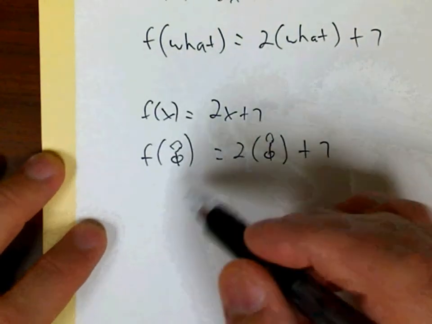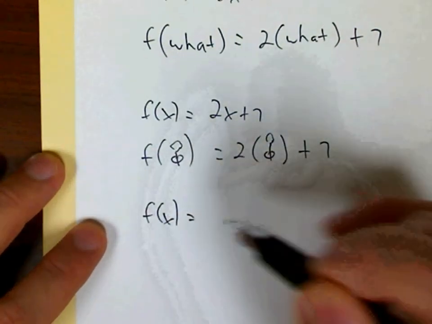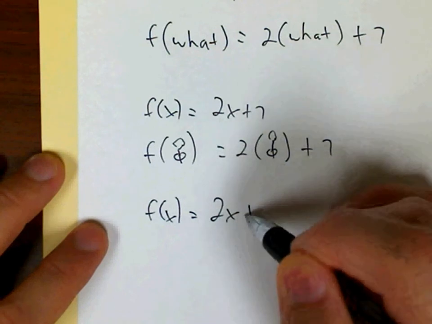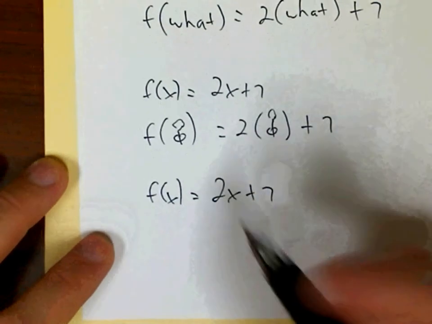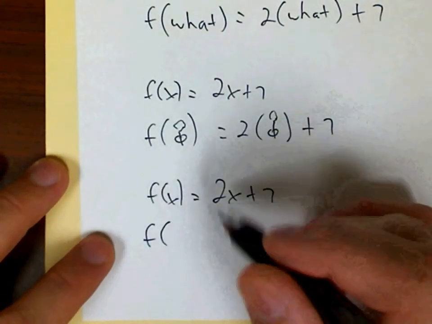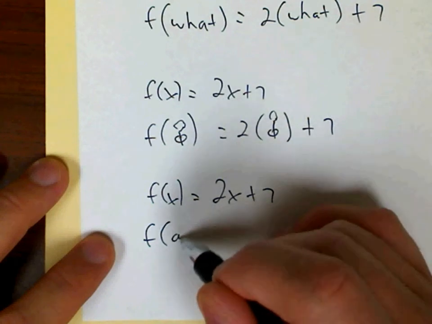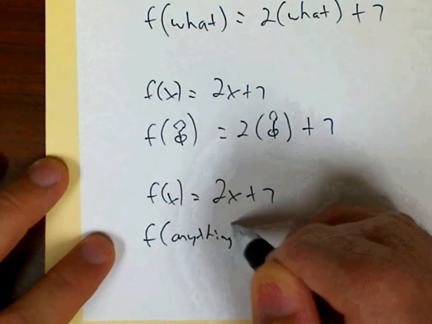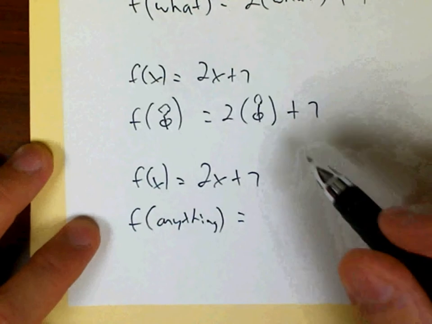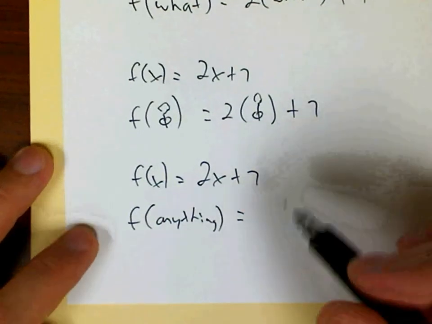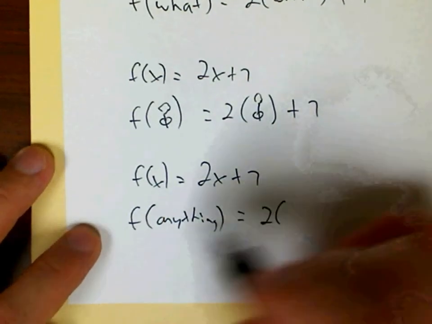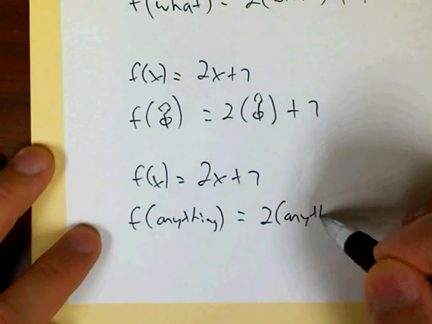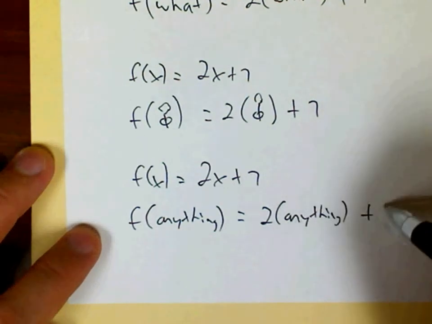Let's do another one. Same function. And it doesn't matter what it is. It could be anything. Hey, look at that. Let's just use anything. I don't think you can use division by 0, but hey, let's say we can use anything. So whatever is in there, in this case, anything, you substitute for x.